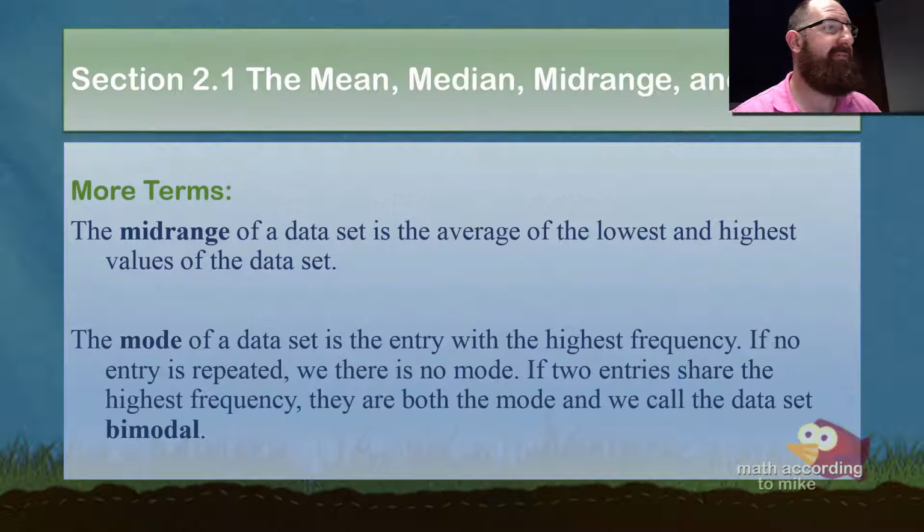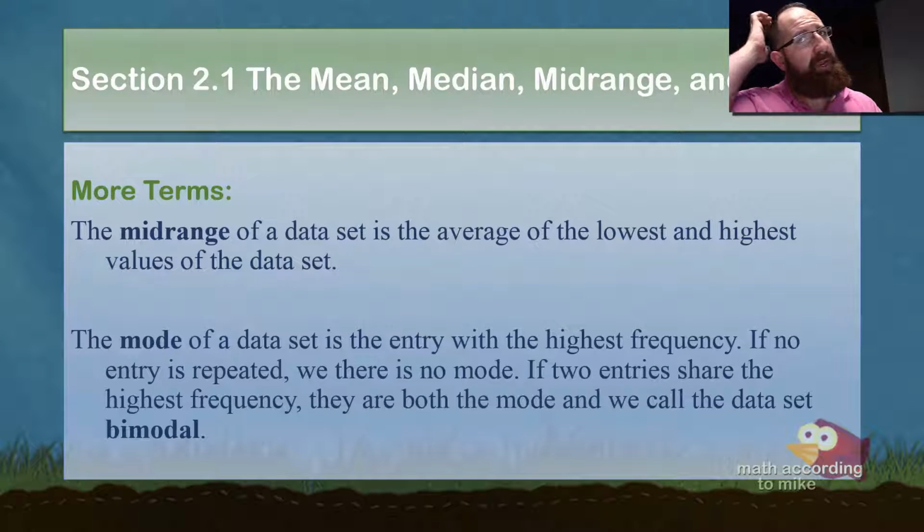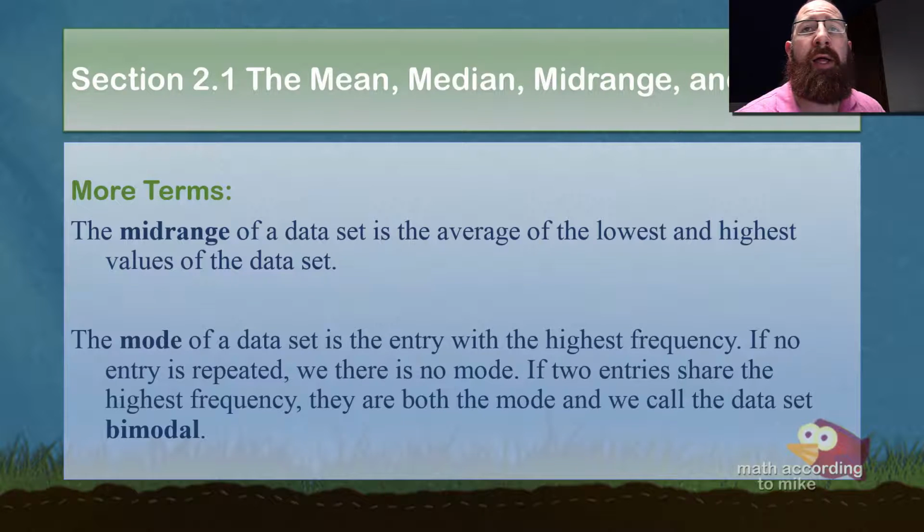Now, as far as finding the mid-range, let me go back a little bit. As far as finding the mid-range and the mode, if you go back to the example where we talked about, there it is, the very first example where you found the median and you had an 87 and a 78 and a 73.